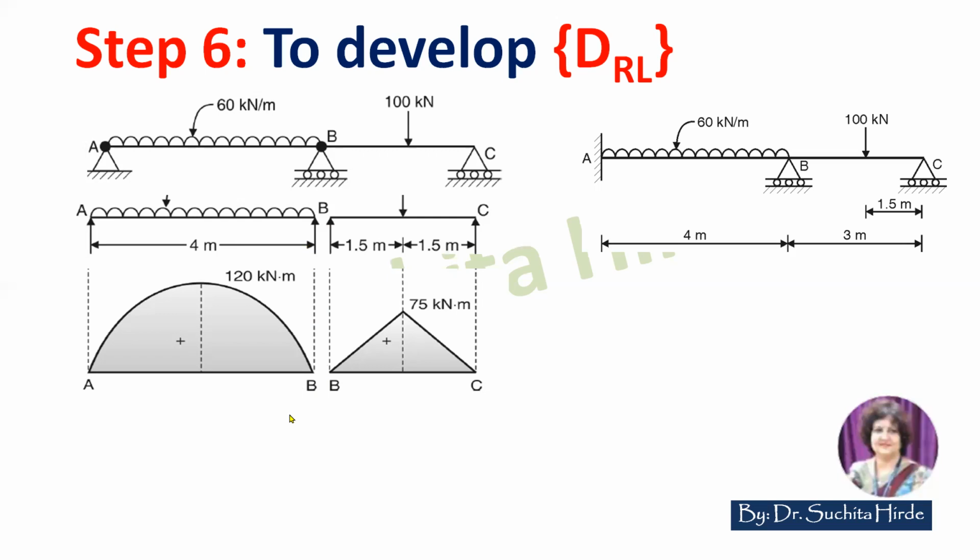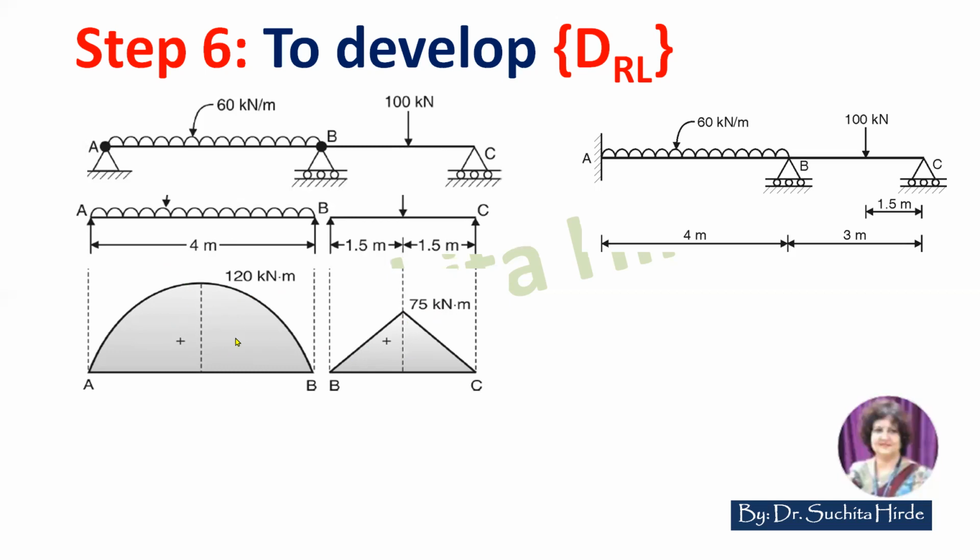Now how to draw the conjugate beam for this? As I told you, the conjugate beam is an imaginary beam on which the load is the bending moment diagram. So first of all, we have to draw the bending moment diagram. Here, if you calculate WL square by 8, you will get 120 kilonewton meter. And if you calculate WL by 4, you will get 75 kilonewton meter.